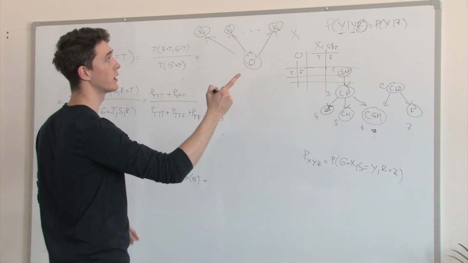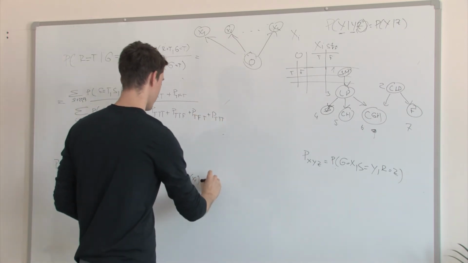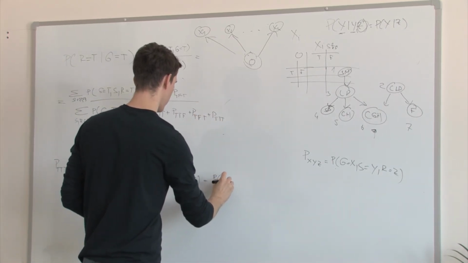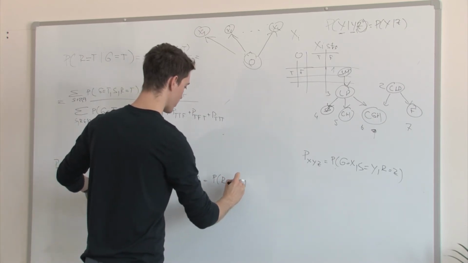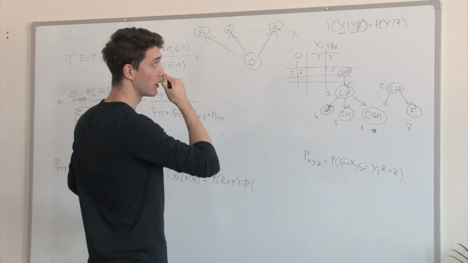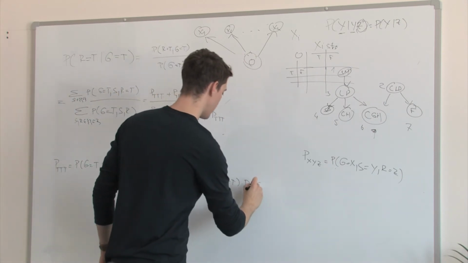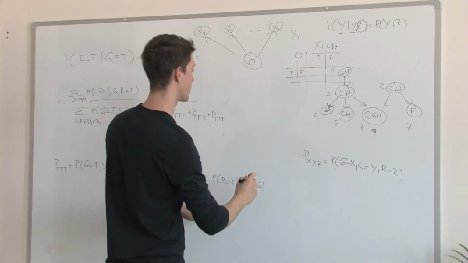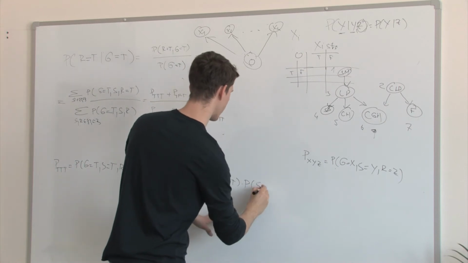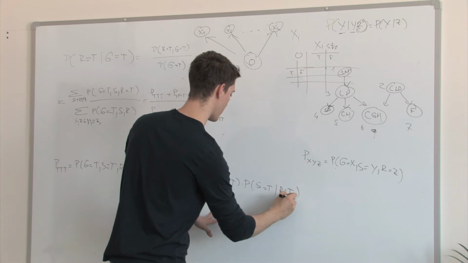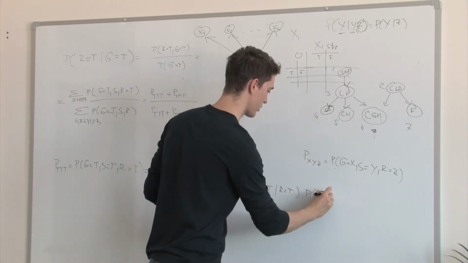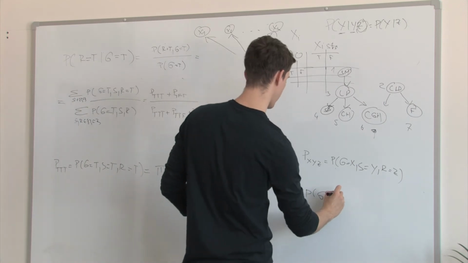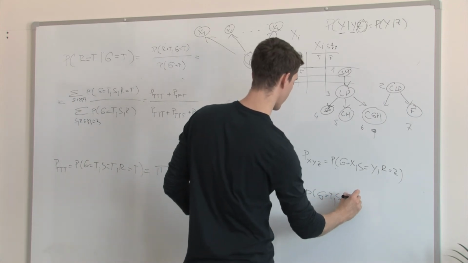Rain has no parents, so this is the probability of rain being true, because we care about rain being true, times the probability of sprinkler being true while the rain has occurred, times the probability that the grass is wet if the sprinkler was on and it has rained.